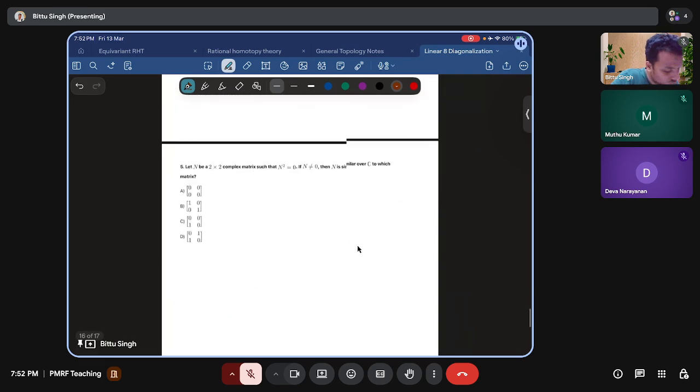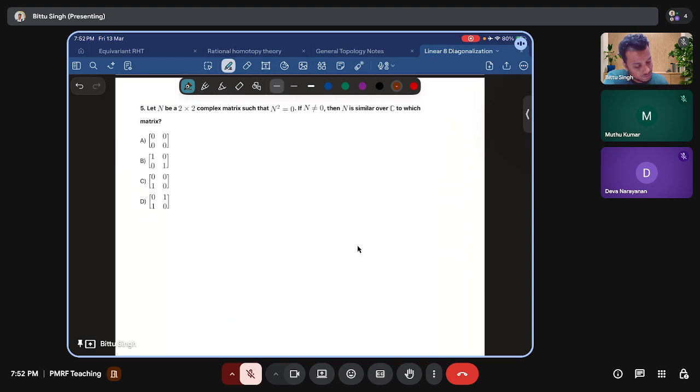So, let me solve this question. It is from Hoffman-Kunze. Here n is a 2 by 2 complex matrix and n square is 0, that is, n is also nilpotent. Then n is similar to which complex matrix?